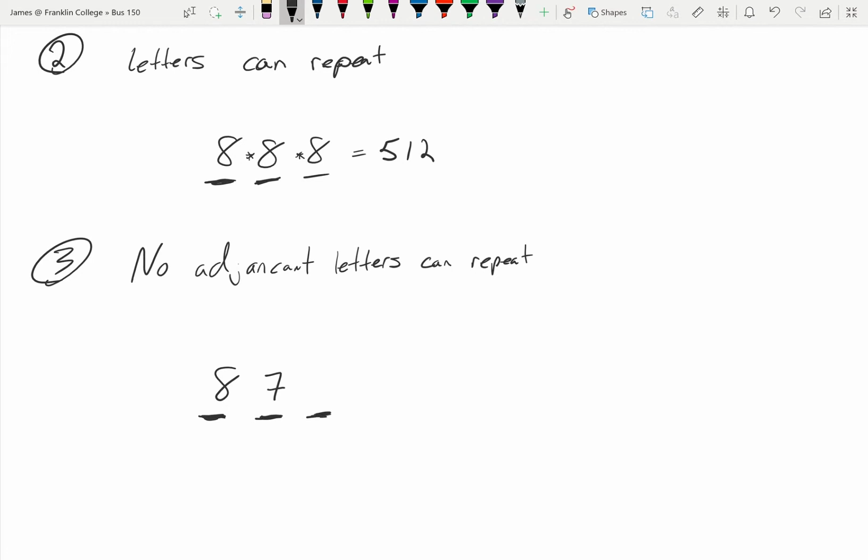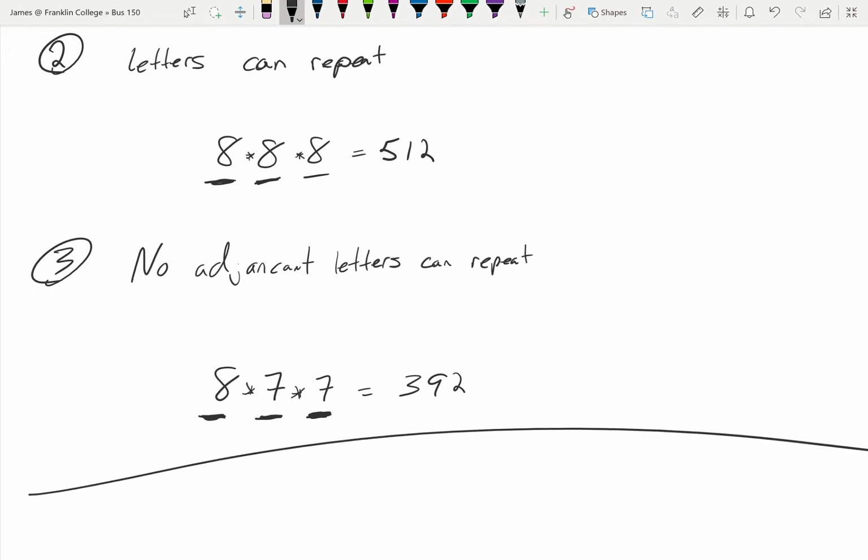And then for the third spot, remember this just can't be whatever is available here. So we have removed one option from this third spot. So there are 7 available letters for that third spot as well. So if we take the product of all 3 of these, 392, that is the available number of 3-letter codes where no adjacent letters repeat.